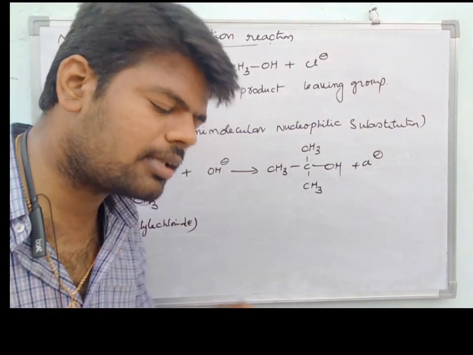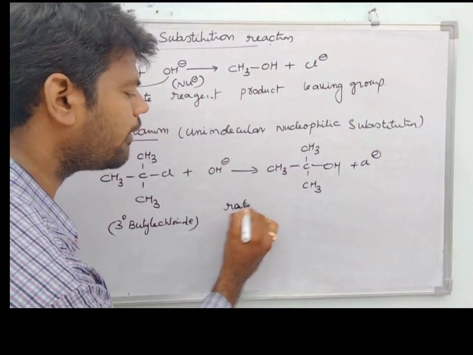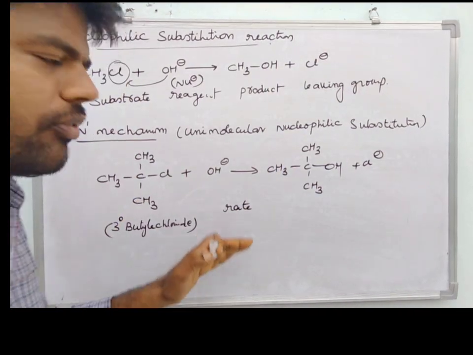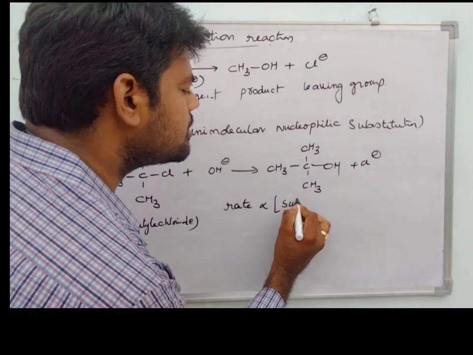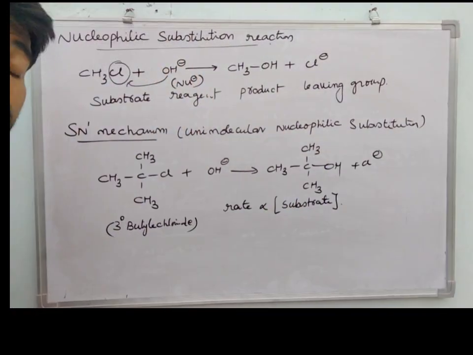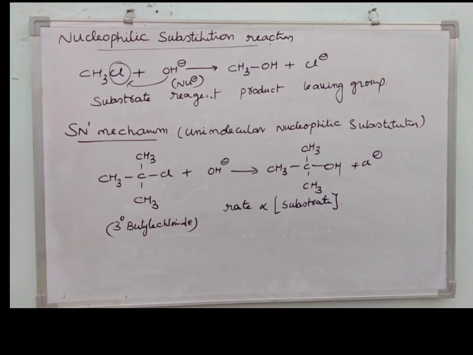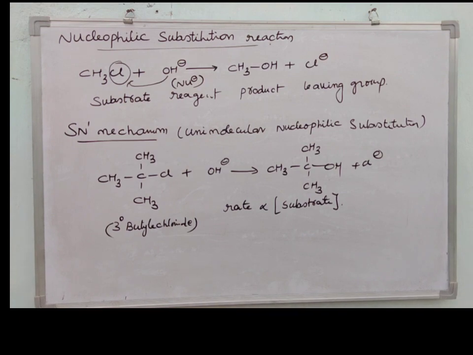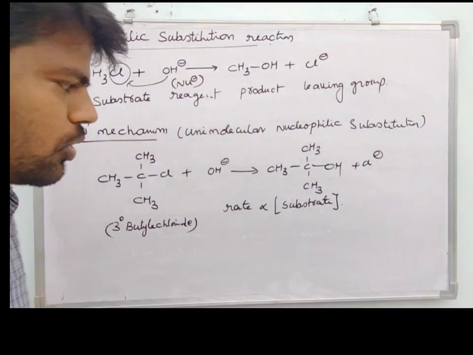Friends, in the SN1 mechanism, the speed is generally represented in terms of rate. The rate of this SN1 mechanism mainly depends upon the concentration of the substrate. The initial compound is the substrate, and only on the initial compound does the rate depend.